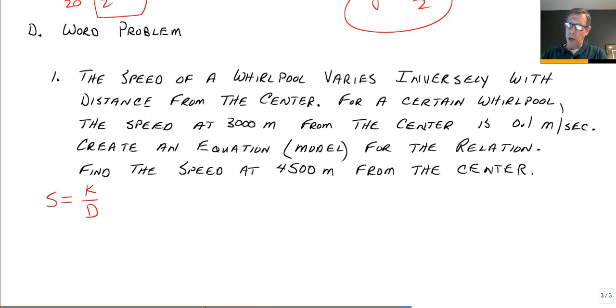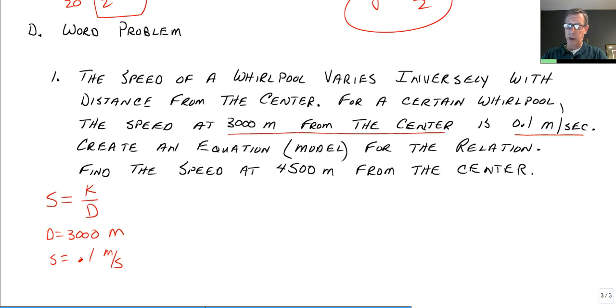So we know here it says that for a certain whirlpool, the speed is at 3,000 meters from the center, so that's the distance. D would be equal to 3,000 meters. And it says that the speed at 3,000 is 0.1 meters per second, so speed is equal to 0.1 meters per second.